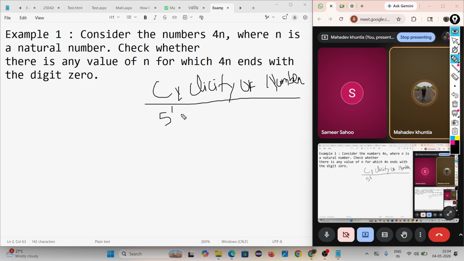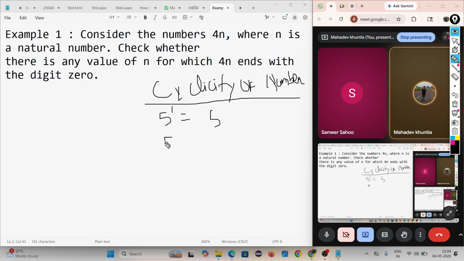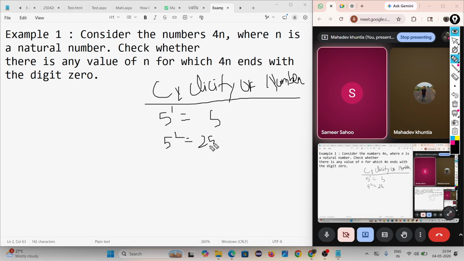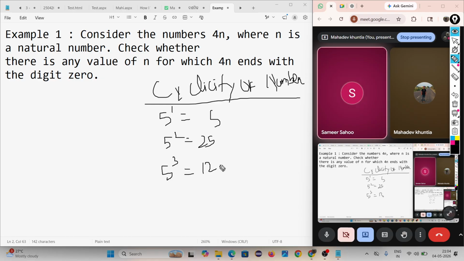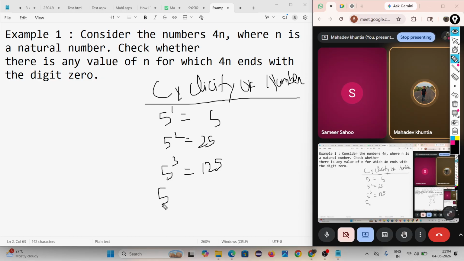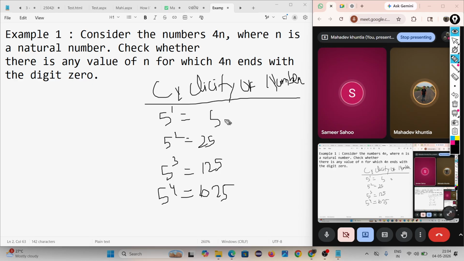Tell me, 5 raised to the power 1 is how much? 5. 5 raised to the power 2 is 25. 5 raised to the power 3 is 125. 5 raised to the power 4 is 625.